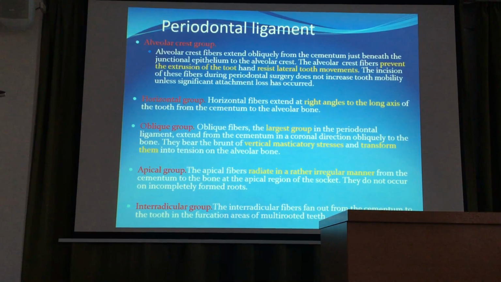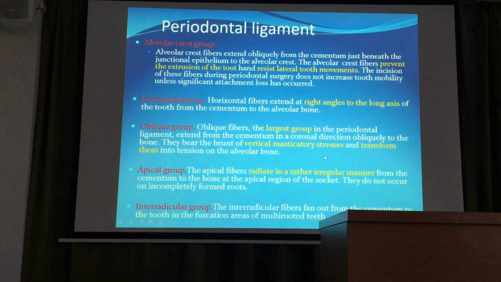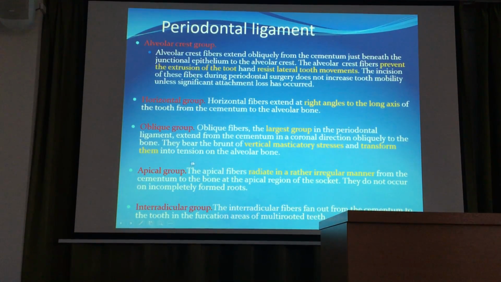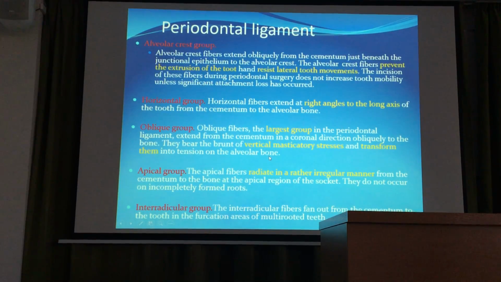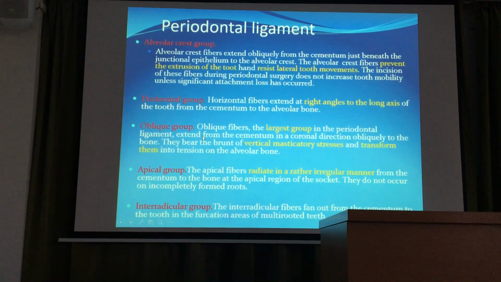Okay, something about the function. Please memorize this. The oblique group is the largest group, and its main function is to transform the masticatory forces to the alveolar bone. This is the main function, and this is the most important part of it.